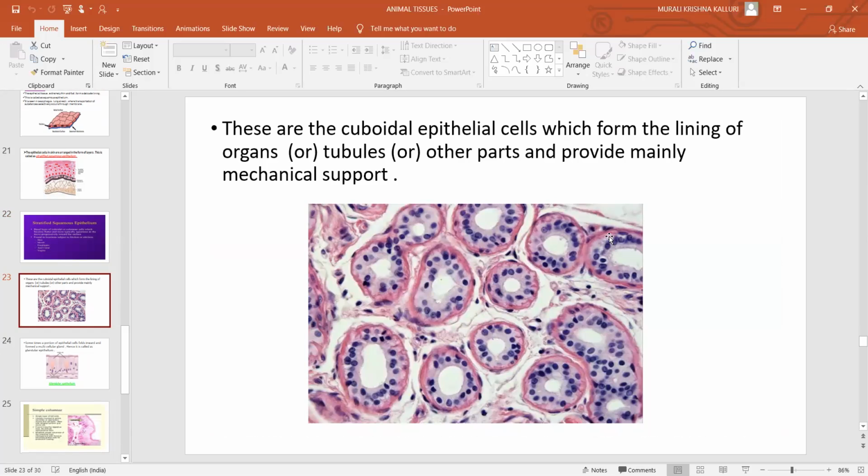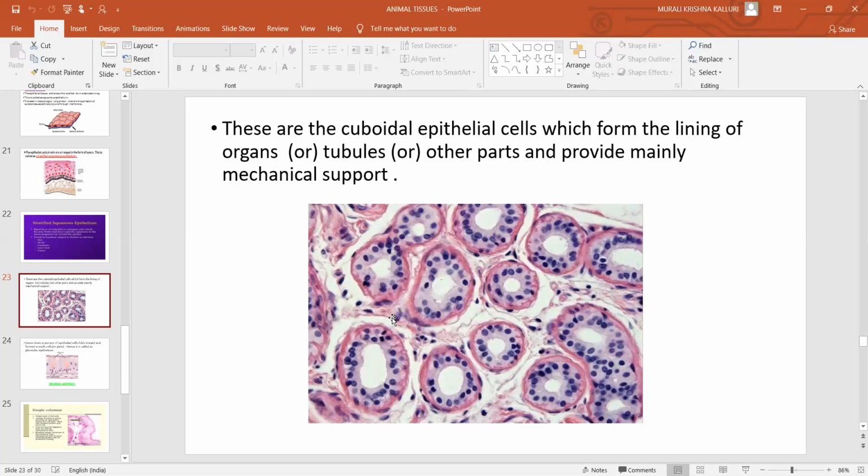And next one, this is the cuboidal epithelial tissue. The cells form the lining of the organs, the lining of tubules and other parts, and provide mainly mechanical support to the organ or tubule.